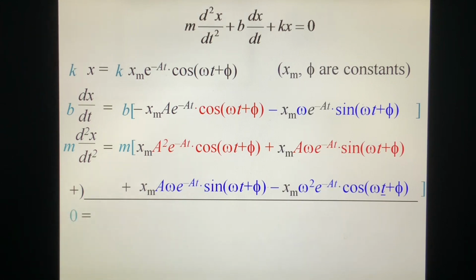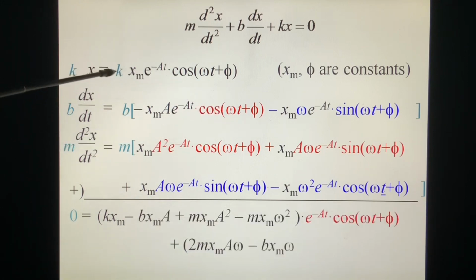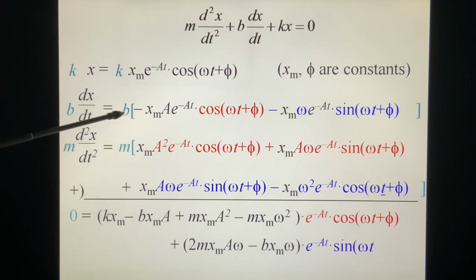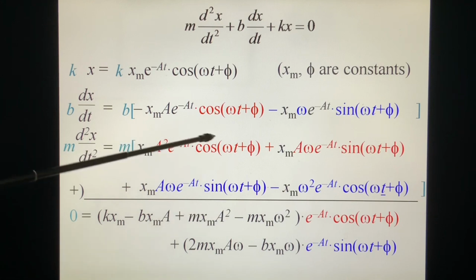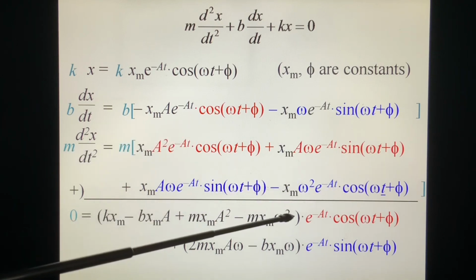And here we see a lot of sine and cosine. We combine all the cosine terms and all the sine terms. For the cosine term, you have k x_m, minus b x_m a, positive m x_m a squared, and minus m x_m omega squared.